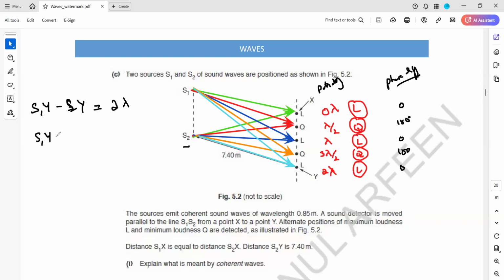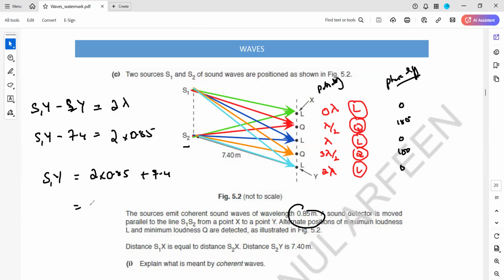So we need S1Y minus S2Y, where S2Y is 7.4 meter, equal to two times the wavelength of the wave, which is 0.85. It's subtracted on one side, so on the other side it will be added. So S1Y will be equal to 2 times 0.85, which is 1.7, plus 7.4.